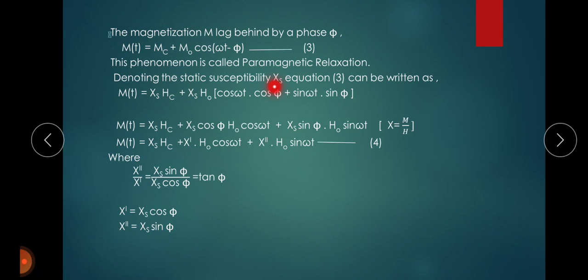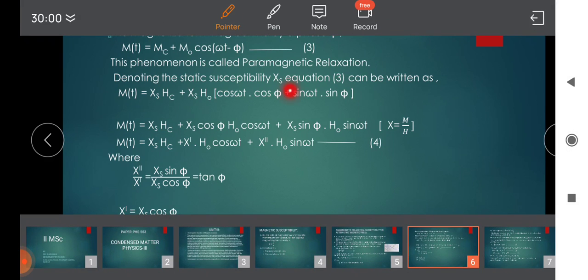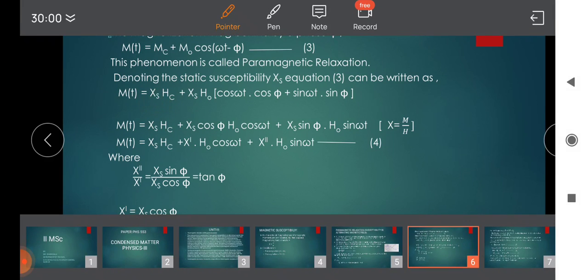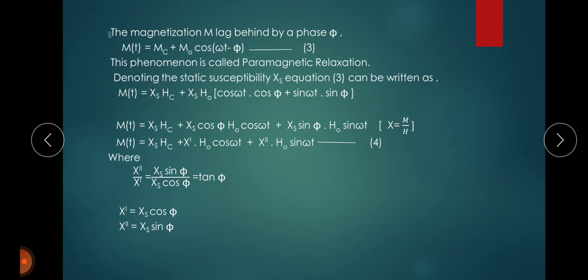Denoting the static susceptibility chi s in equation 3, magnetization is the product of magnetic susceptibility and magnetic field. So Mc can be written as the product of static susceptibility and the constant magnetic field.